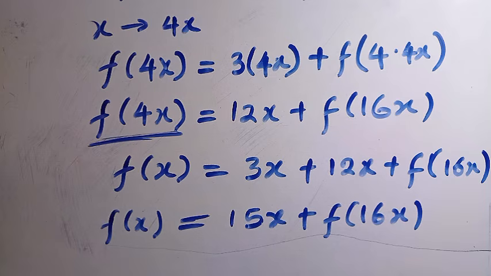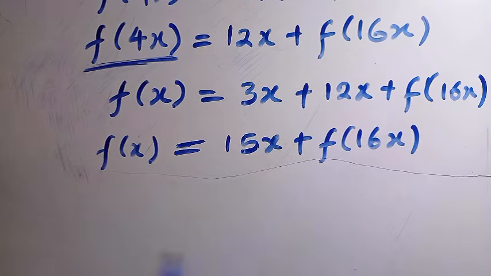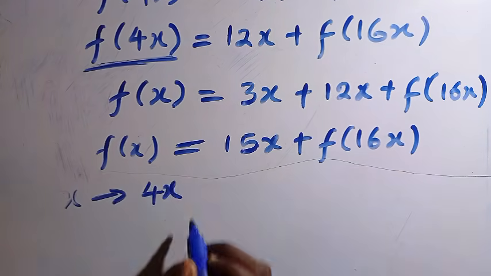Suppose I still increase this by 4 in this second equation. If I change this x again to 4x, let's see what we are going to get. Suppose I replace every single x with 4x again.